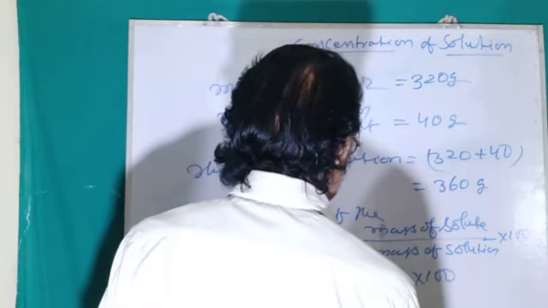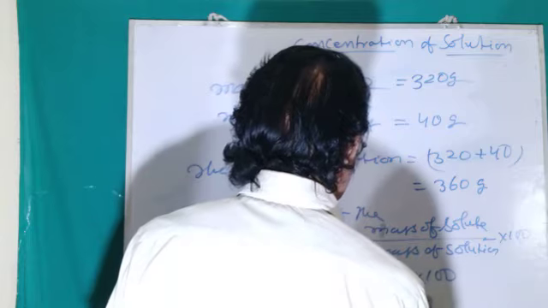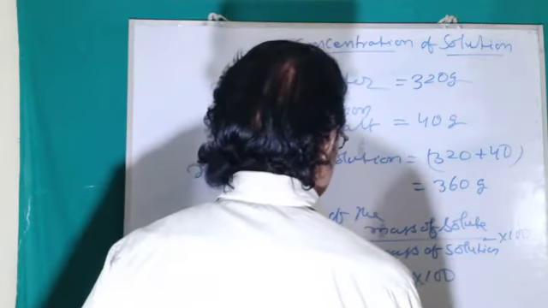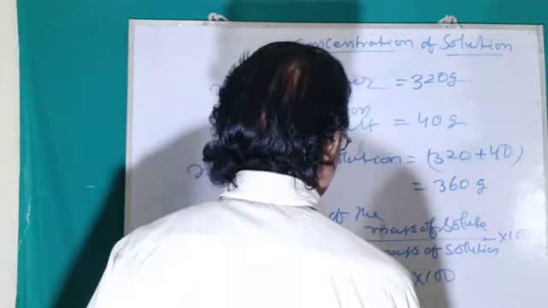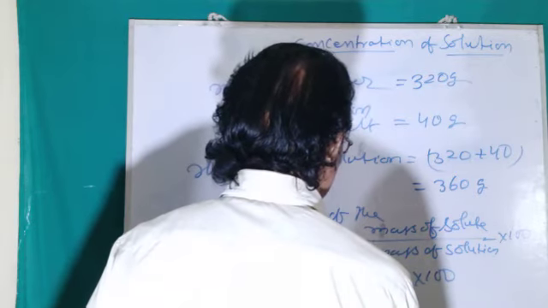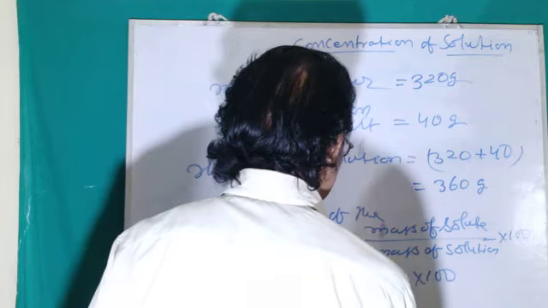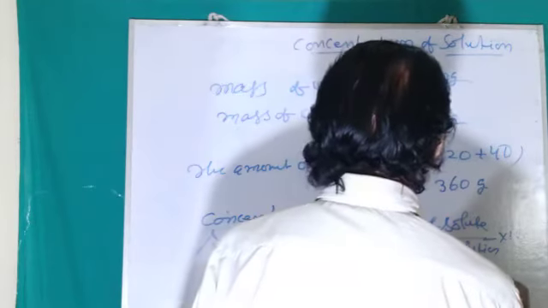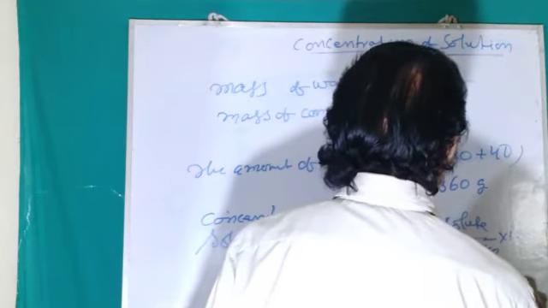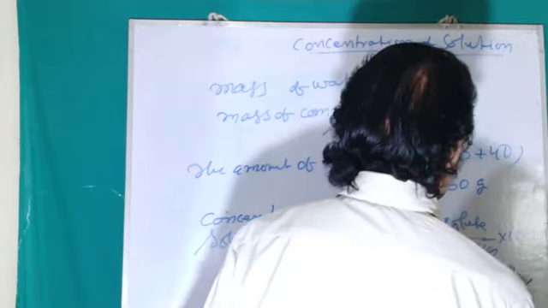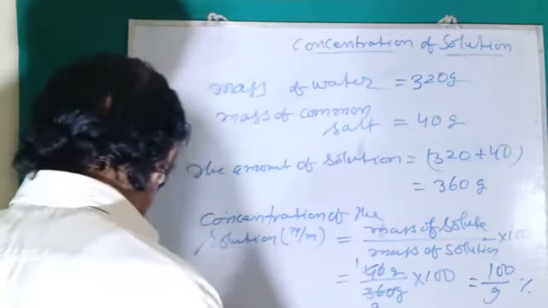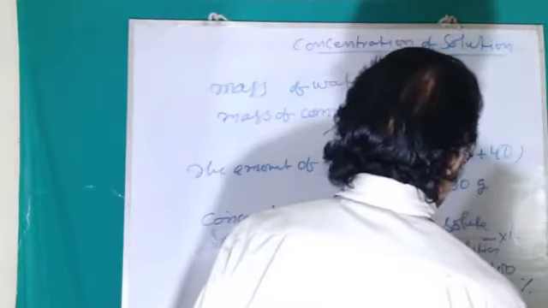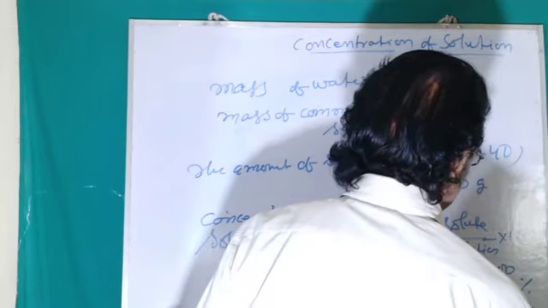Now this is 1 by 9 into 100, that is 100 by 9%. 100 by 9% means 11.1%.